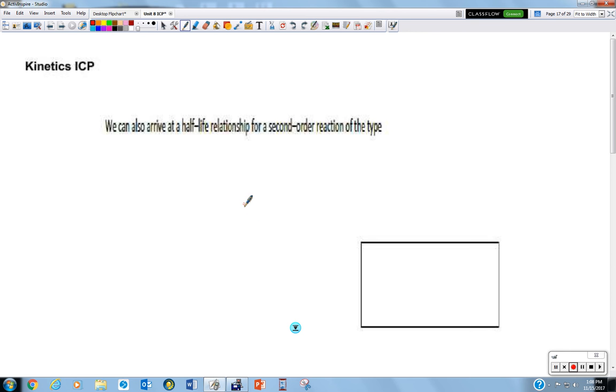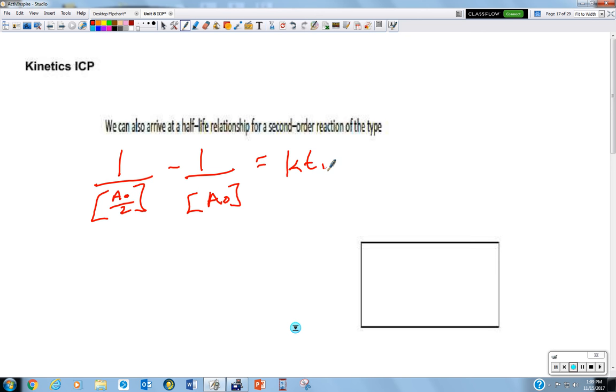I'm not going to do a second order half-life, but if I were to set it up, if you look at second order, basically what you're going to write is 1 over A naught over 2 minus 1 over A naught equals KT 1/2.